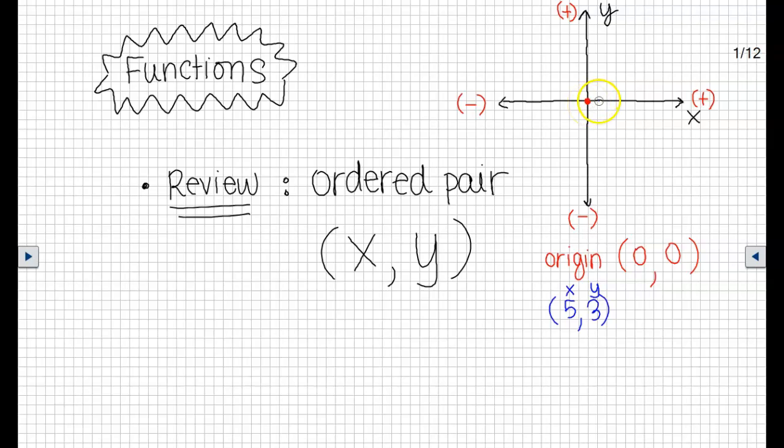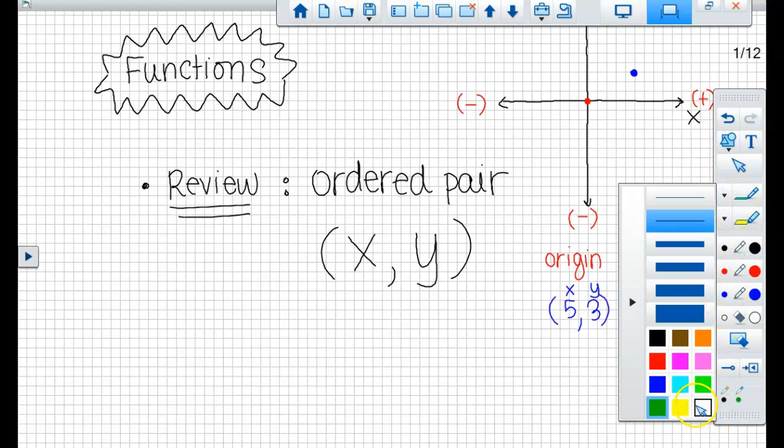So that means I would go to the right 1, 2, 3, 4, 5 spaces, which would put me right here. And then on the y-axis, I want to move in the positive direction 3 spaces, so I would go up 1, 2, 3 spaces. And then right here is where I would put my dot. So that dot right there that I just made corresponds with that point, (5, 3). I go to positive 5 on the x-axis, positive 3 on the y-axis, and that would be my location.